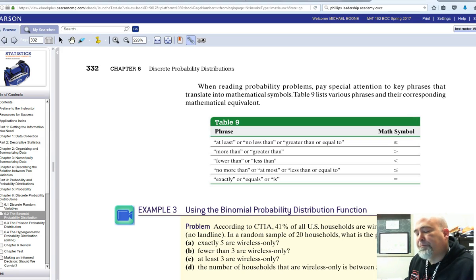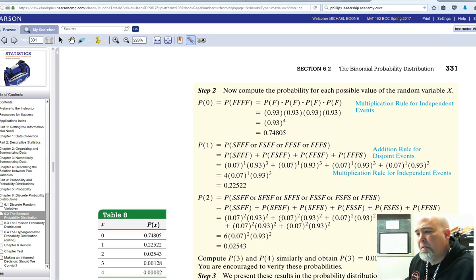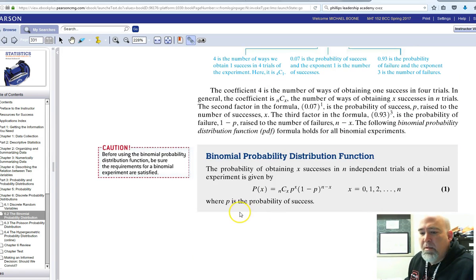The formula is available to you. It uses combinations, something that we talked about in chapter 5 with combinations and permutations. It's a combination of how many items you're choosing out of your group, the probability of that item being picked, and how many times it's picked, times the probability of it not being picked, and how many that it's not being picked.